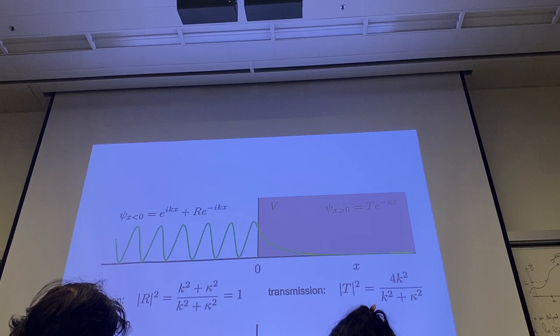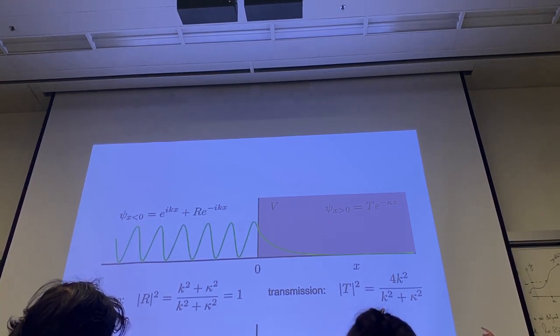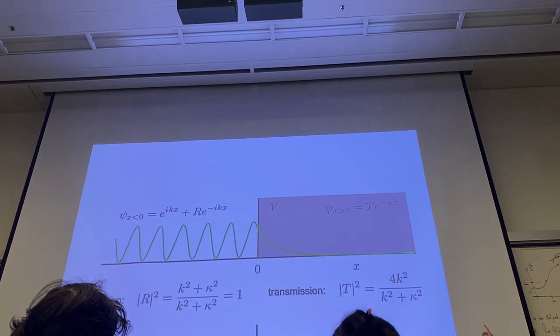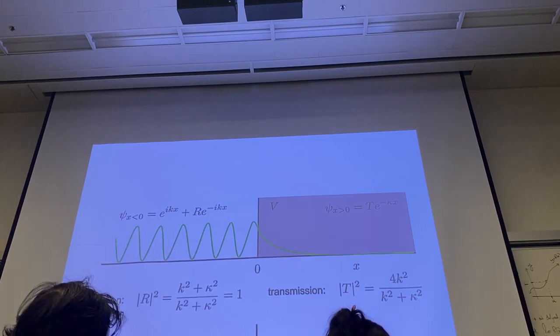Because r squared equals 1. What happens on the other side? On the other side, I have t squared, which is actually not 0. Okay? That is an actual number. It's a positive real number. It's a finite chance of seeing the particle on this side.